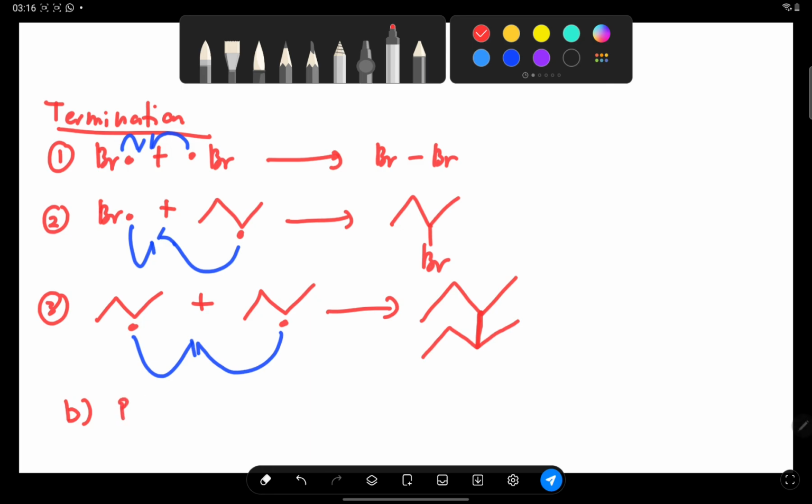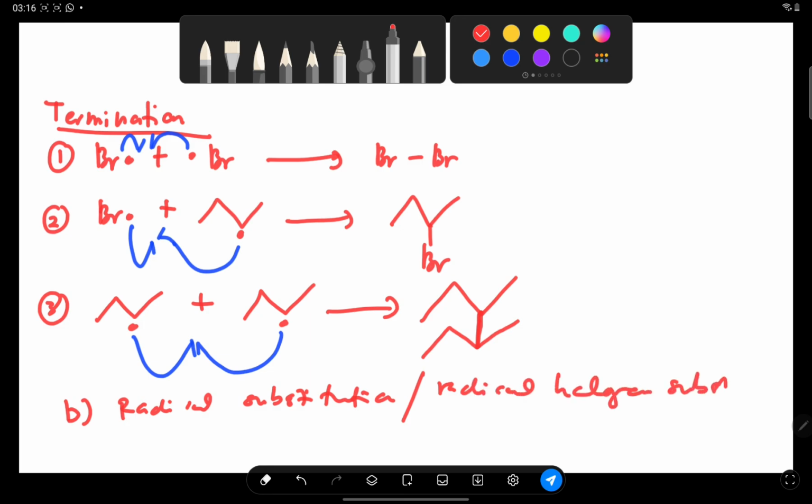You can put radical substitution, or radical halogen substitution, or halogenation. All answers are acceptable. Okay.